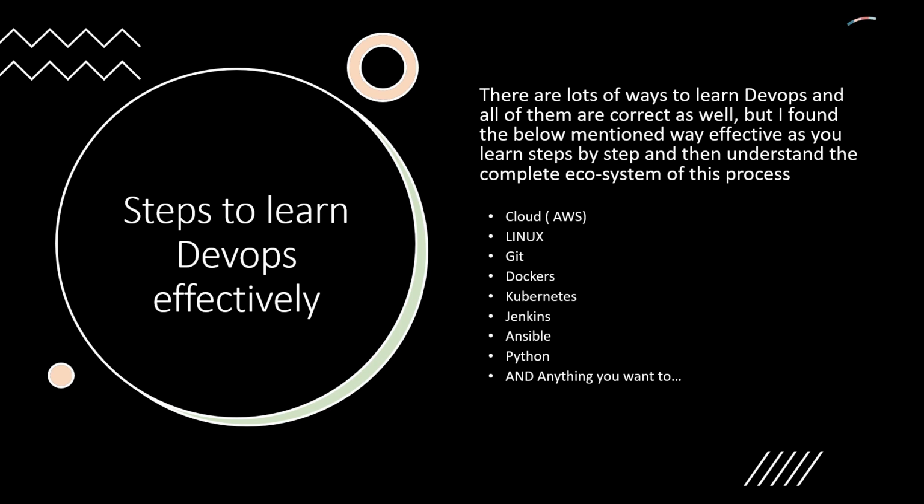Now, what are the steps to learn DevOps effectively? Well, there are so many ways to learn DevOps, and all of them are correct. I'm not commenting on anything, but I found the below mentioned way effective, as you learn step by step and then understand the process of the complete ecosystem, because there are so many things to learn.